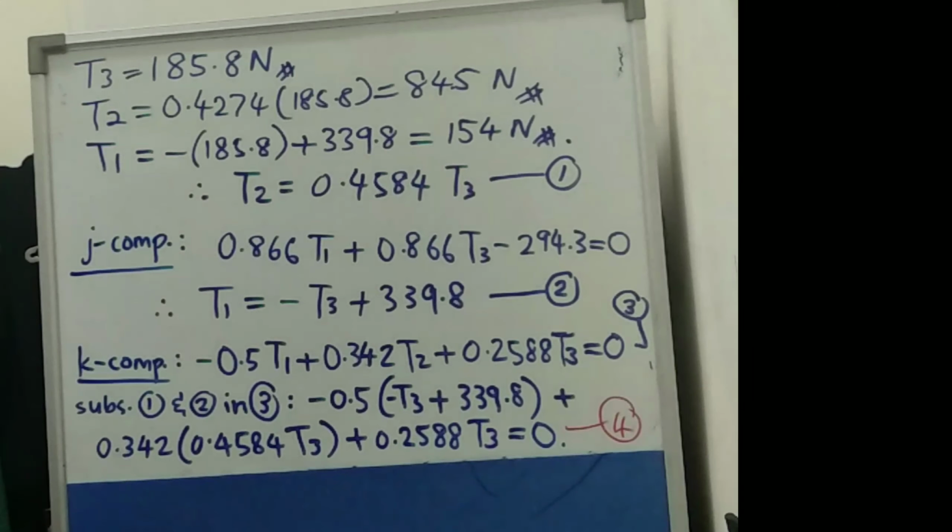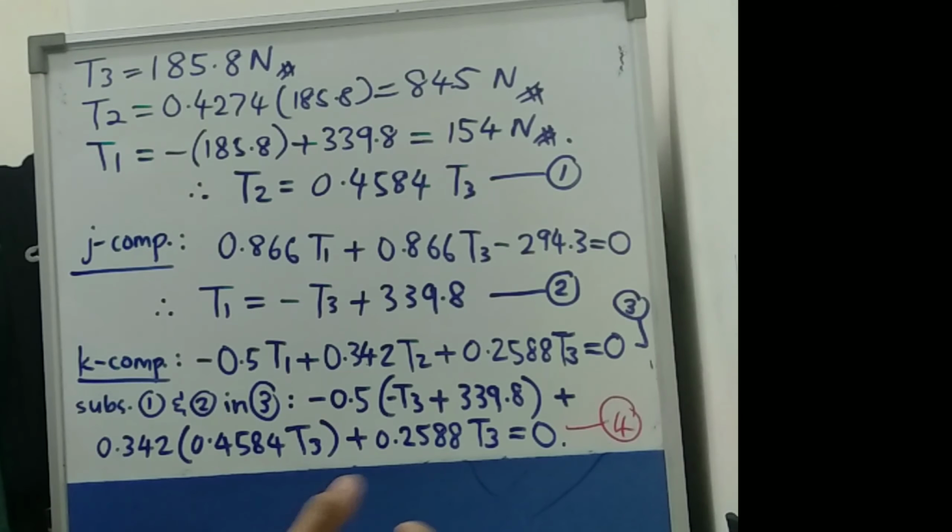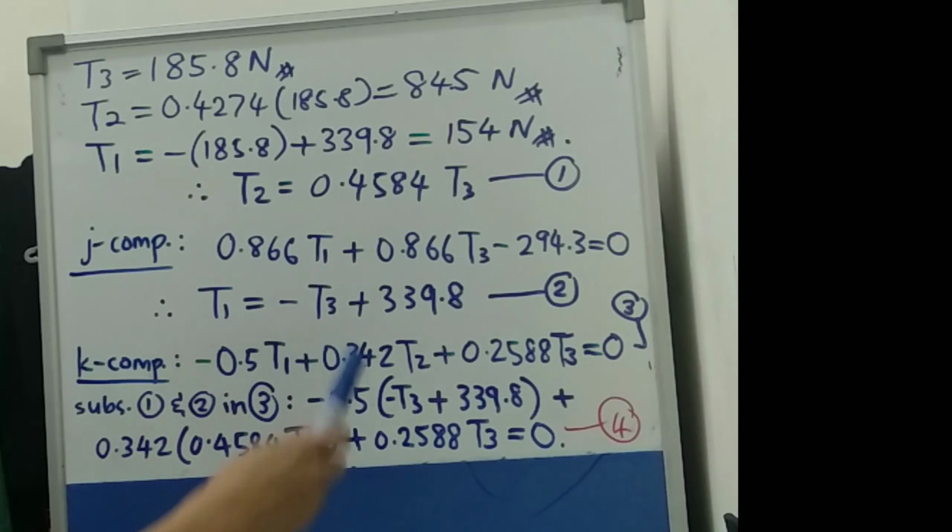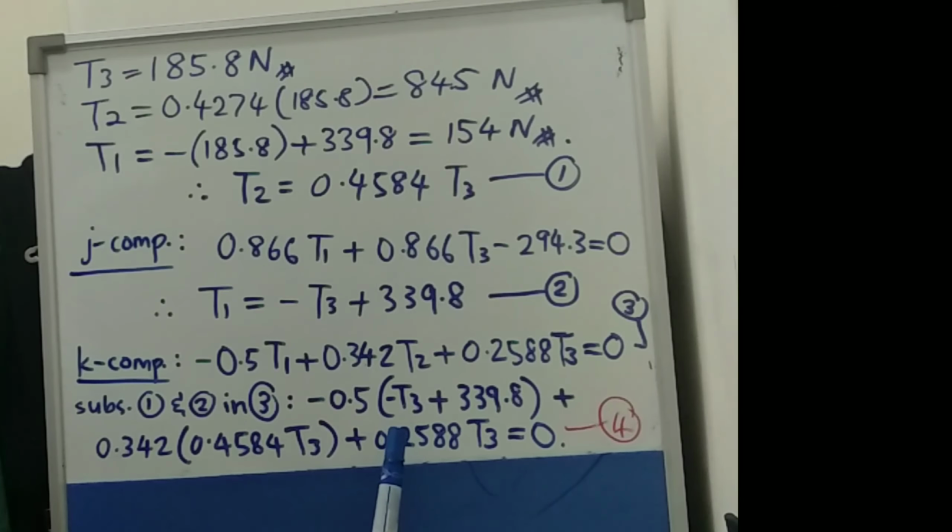For this 3D particle equilibrium problem, we can solve by getting the vector form in terms of ijk components, and then we collect the I component, J component and K component, and create the substitution in order to solve for the unknowns.